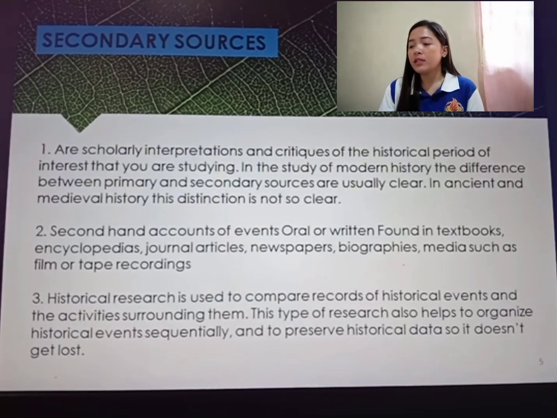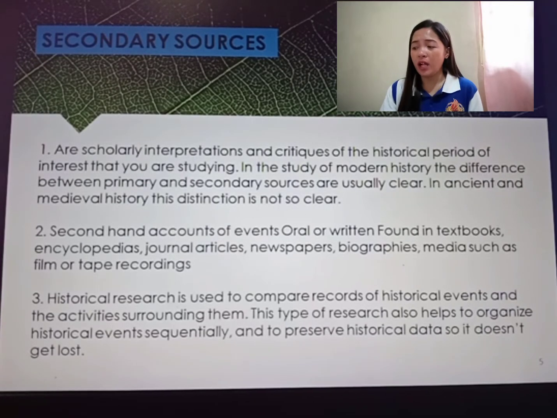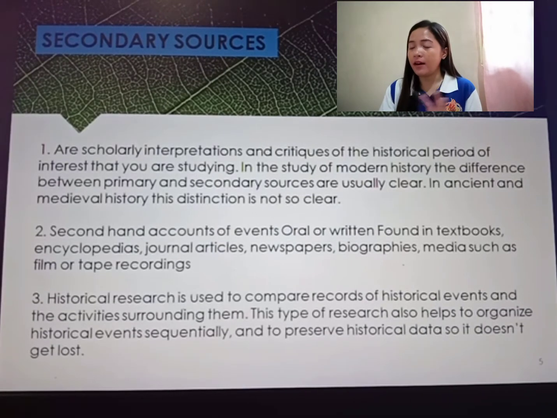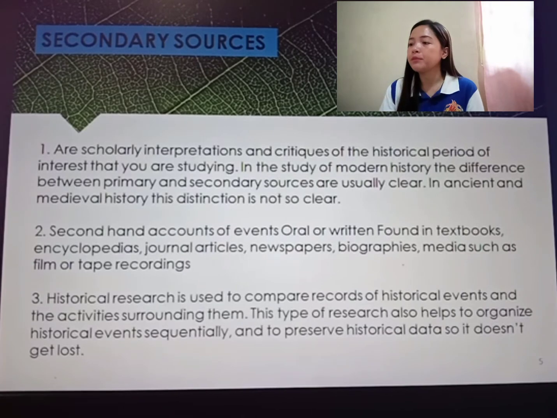Third, historical research is used to compare records of historical events and the activities surrounding them. This type of research also helps to organize historical events sequentially and to preserve historical data so it doesn't get lost. So that's the difference between the primary sources and the secondary sources.